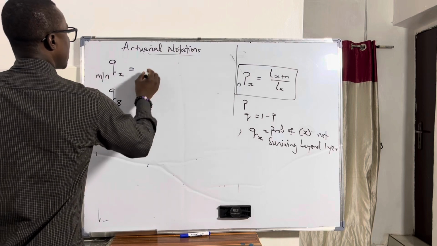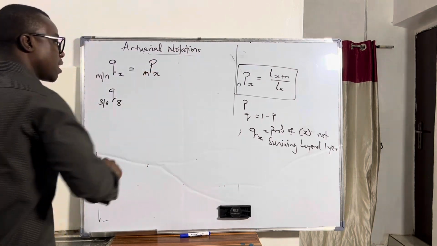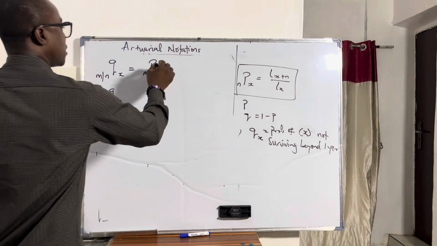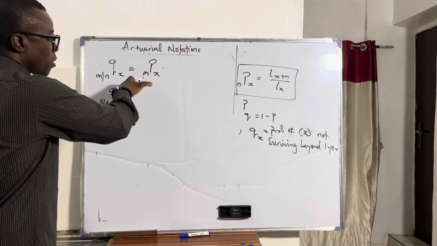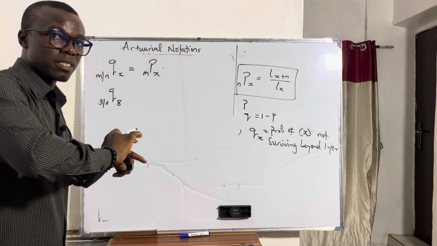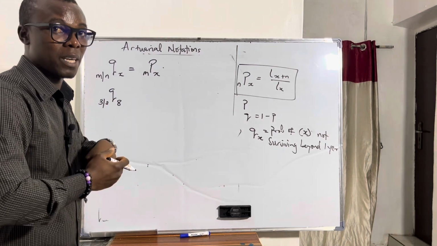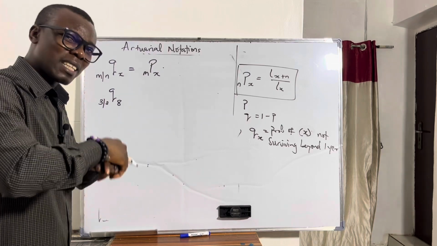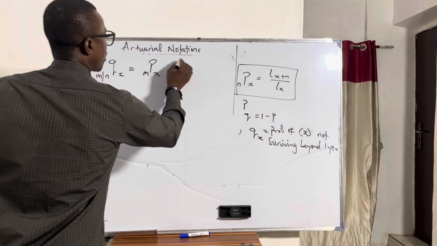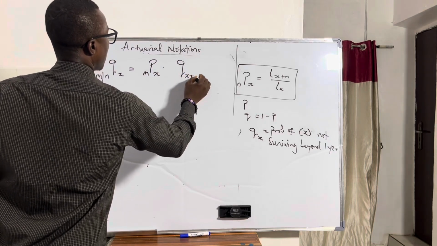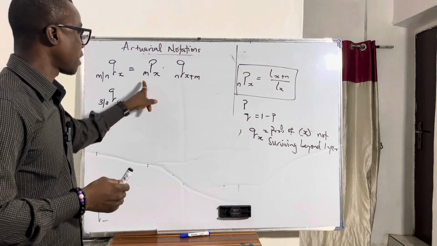So based on probability, I'm going to say the probability of this life age X surviving in the next n years. And then this same life now, since the life survived to m years, it means the current age will now be X plus m. That's the current age. But then the life did not survive beyond n years. So I'm going to say q x plus m, not surviving beyond n years. So that's exactly what I have.